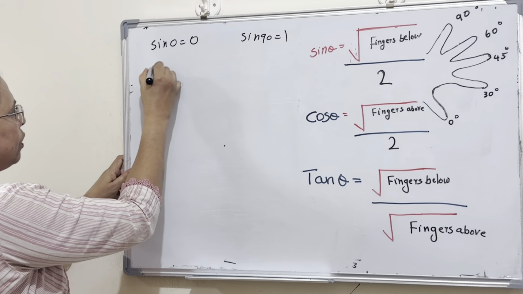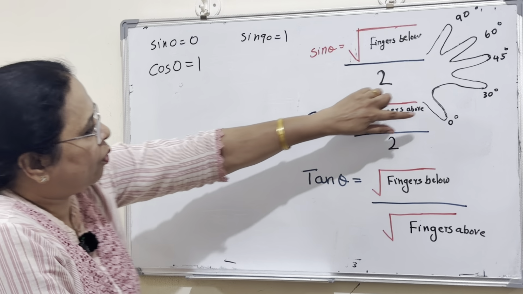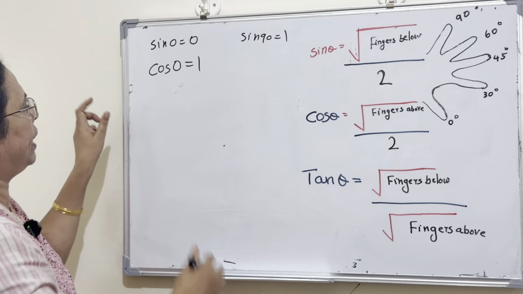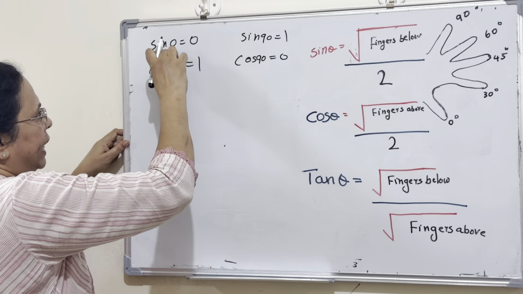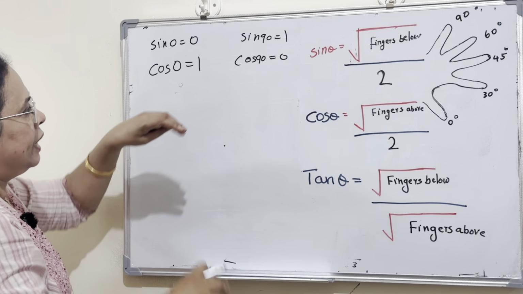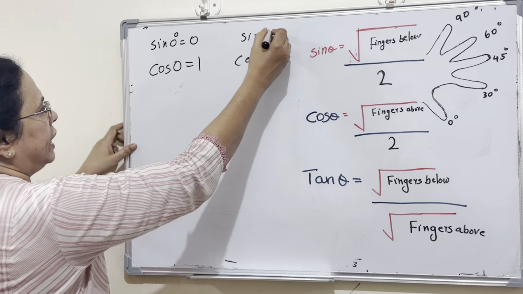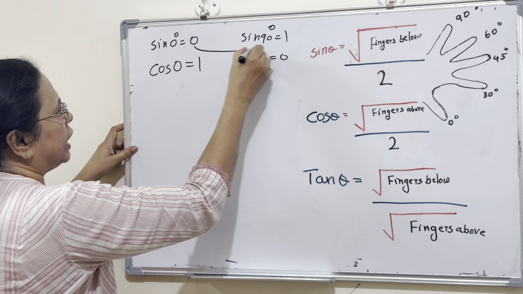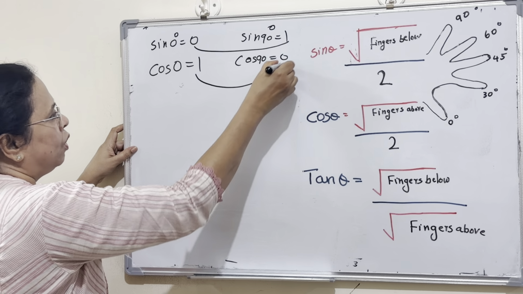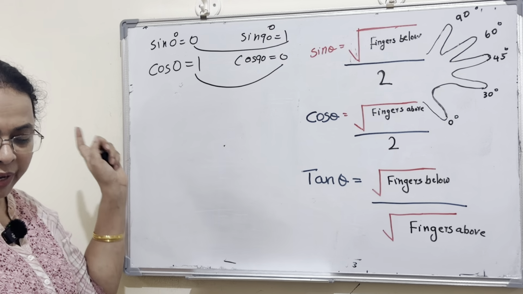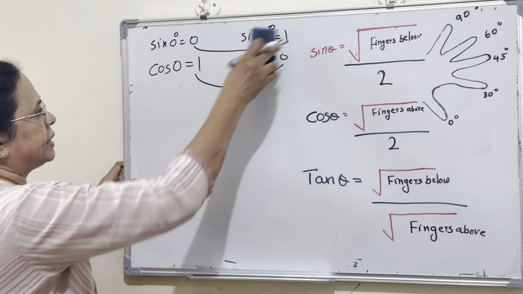When you check cos of the angle, cos 0 is 1, but cos 90 we got 0. So if the angle increases from 0 degree to 90 degree, the sine value is increasing from 0 to 1, but in the case of cosine, the value is decreasing from 1 to 0.